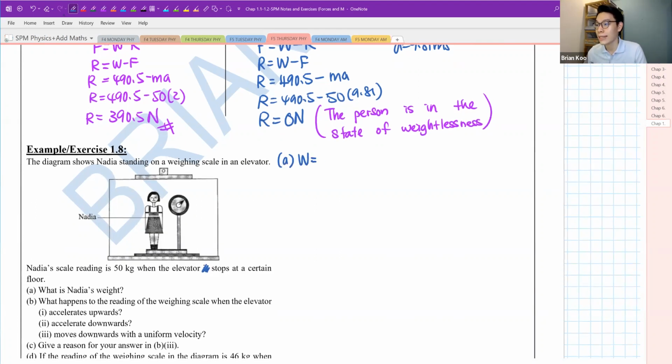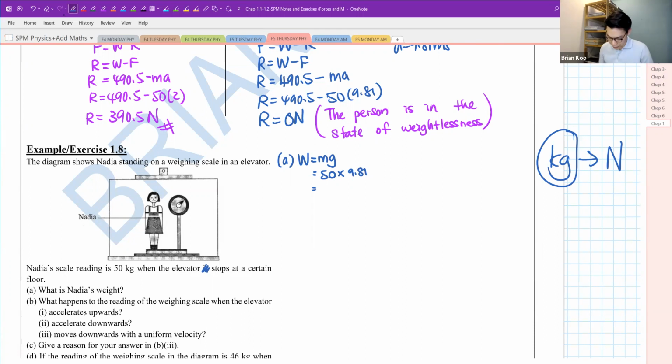Weight is the same as mass times gravitational field strength or gravitational acceleration, same thing. If you just want to convert the units of kg to Newton, you just times 9.81. You get 490.5 newtons.